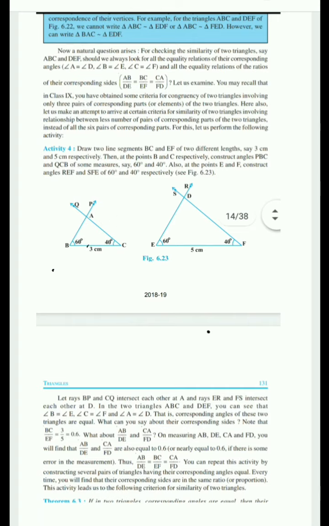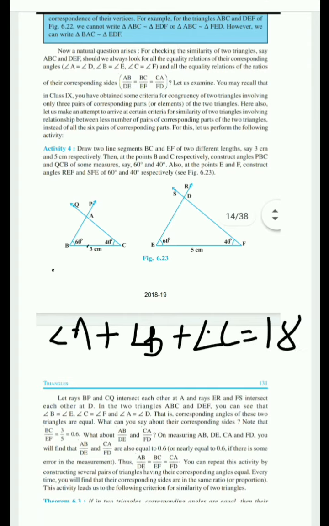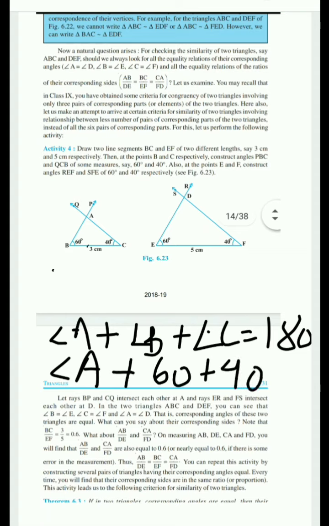So suppose we take angle A plus angle B plus angle C is equal to 180, as we know. Here angle A they did not give us, so we keep angle A as it is, but angle B we take as 60 and angle C as 40, and this will be equal to 180.